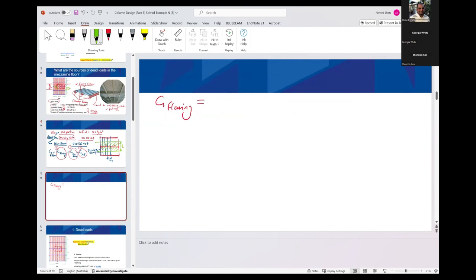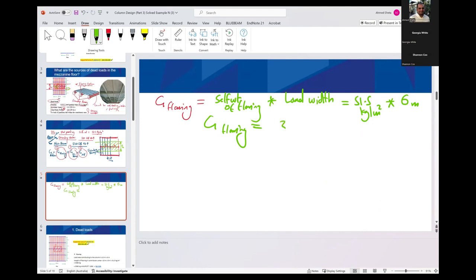Okay, because G flooring will be the self weight of the flooring times what? Times the load width of the beam, right? So it will be 51.5 kilogram per square meter times 6 meters. So G flooring will be equal to 51.5 times 6, which is 309 kilogram per meter.